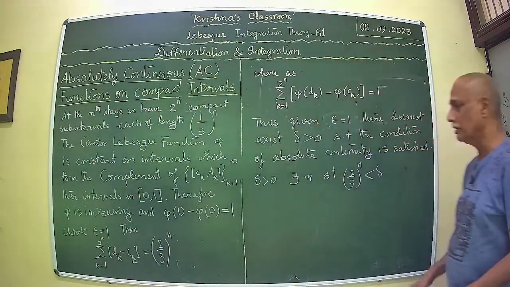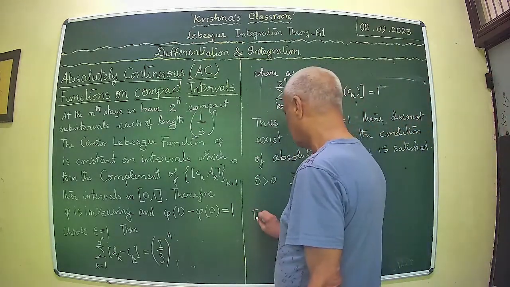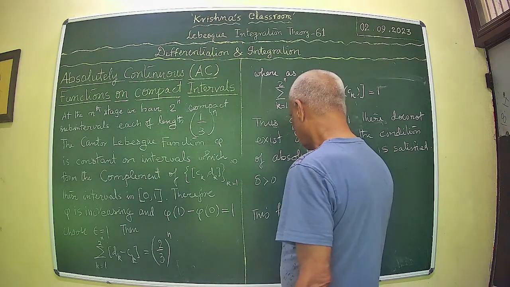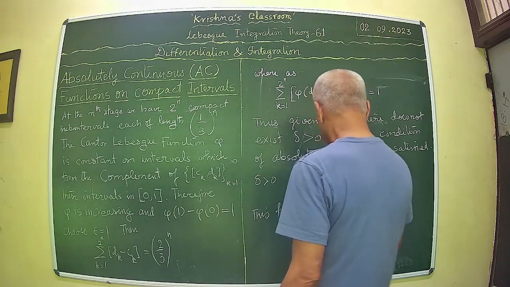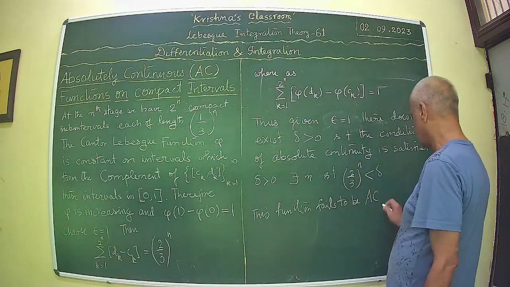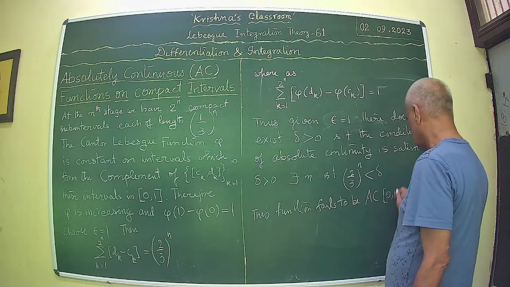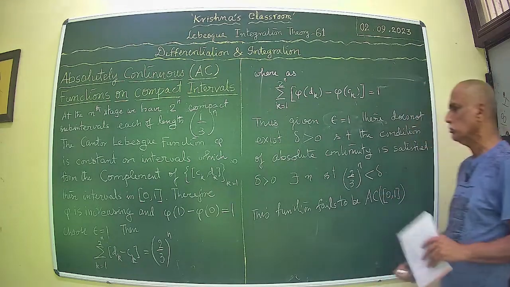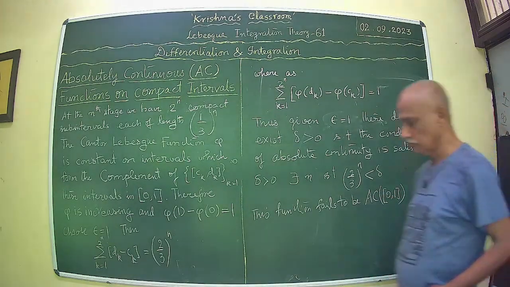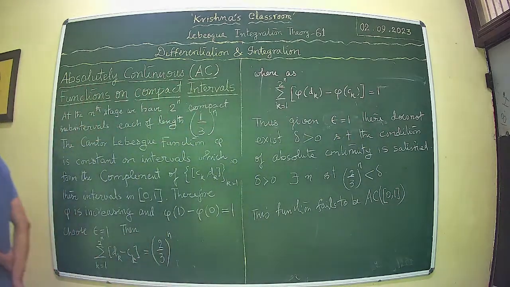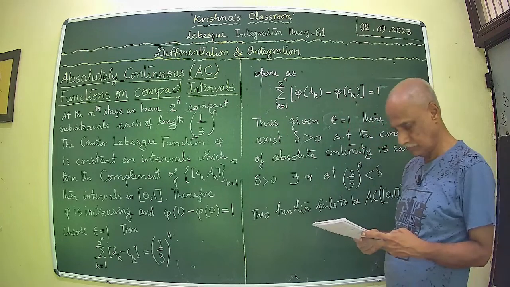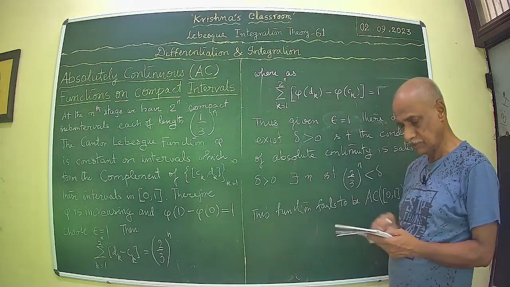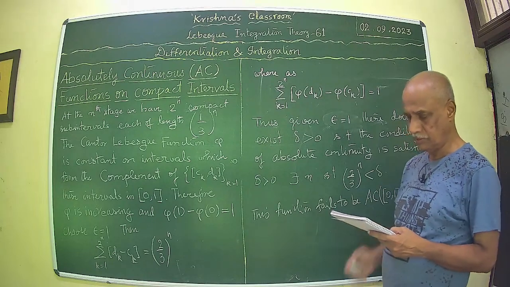Okay, therefore this function is not absolutely continuous. It's an increasing function. It's a continuous function. It's not absolutely continuous.